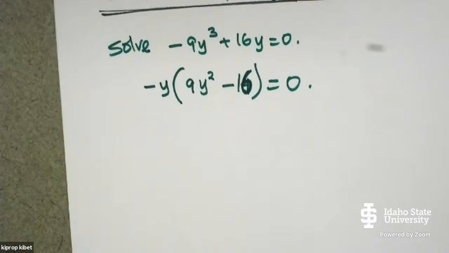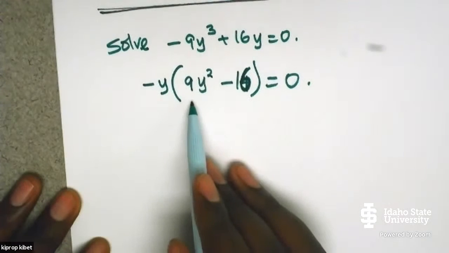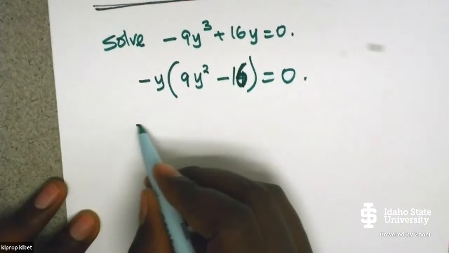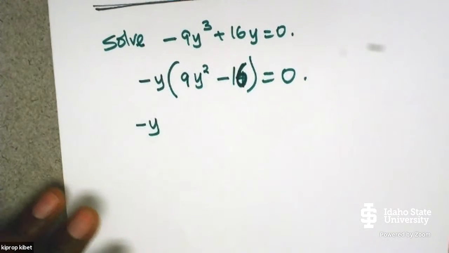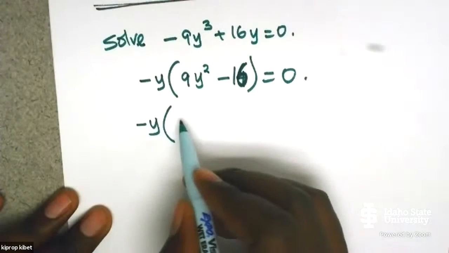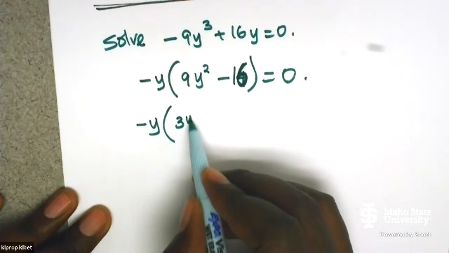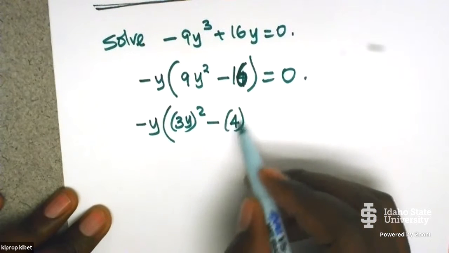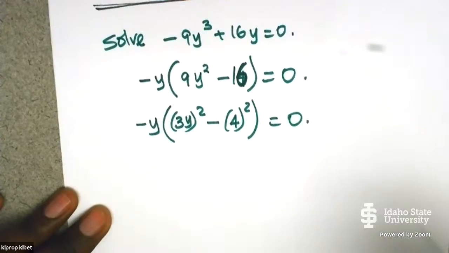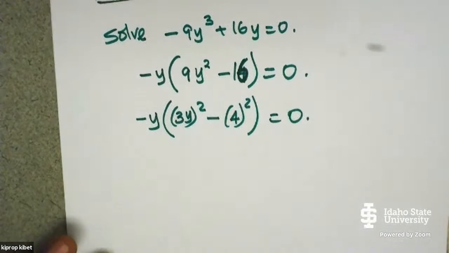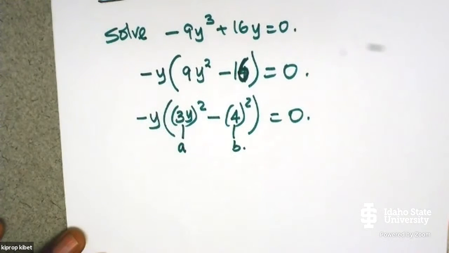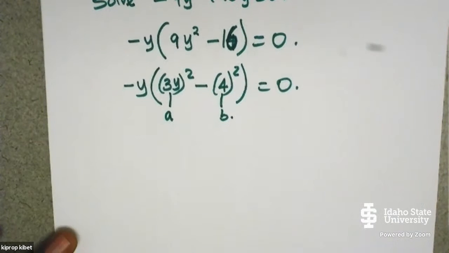Looking at the one inside there, this is a difference of squares, and it is a perfect square. The one inside here is 3y squared minus 4 squared equals 0, so this is now our a and our b.